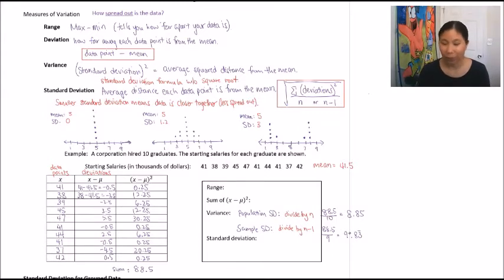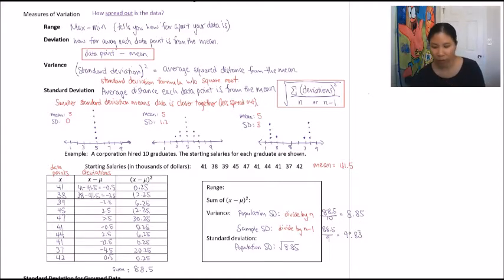I'm not quite done yet with standard deviation because we still need to square root the number I just got for the variance. If this was a population standard deviation that I'm calculating, then I take my population variance, which was 8.85, and square root that.